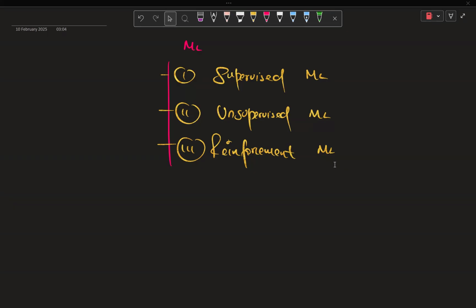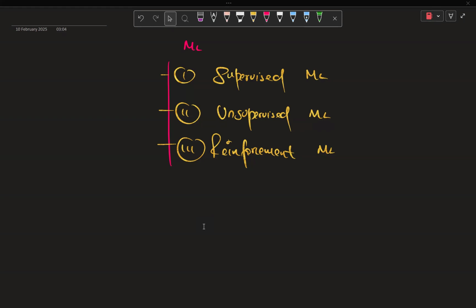Pramila, can you tell us what these three things are? Supervised is like if somebody is asking year-wise salary, so the year goes to the input and the salary goes to the output. Unsupervised is only input, with no clarification.